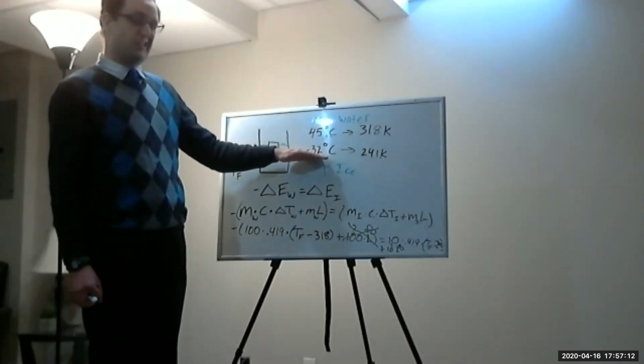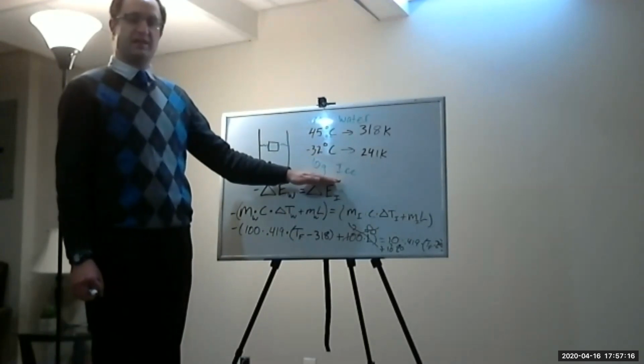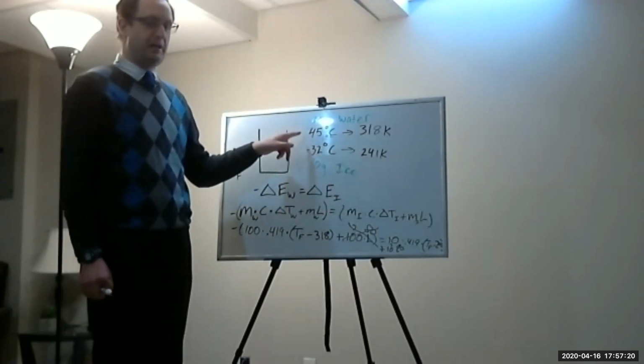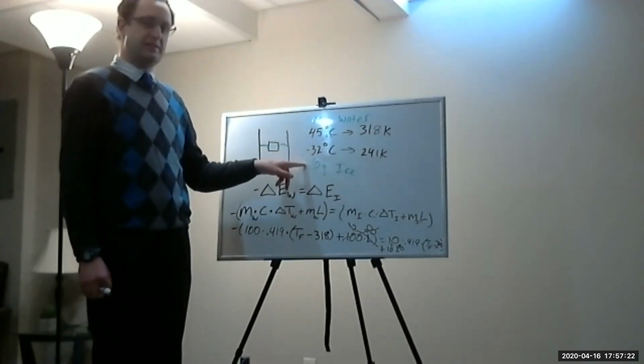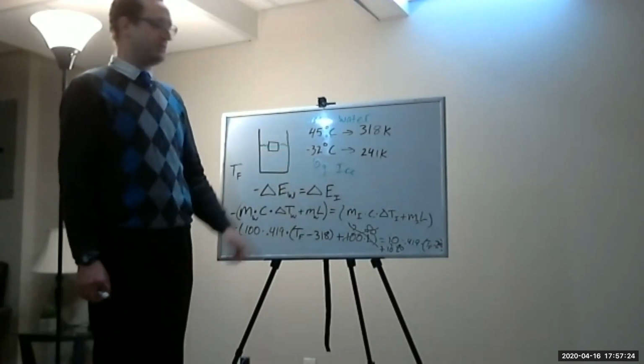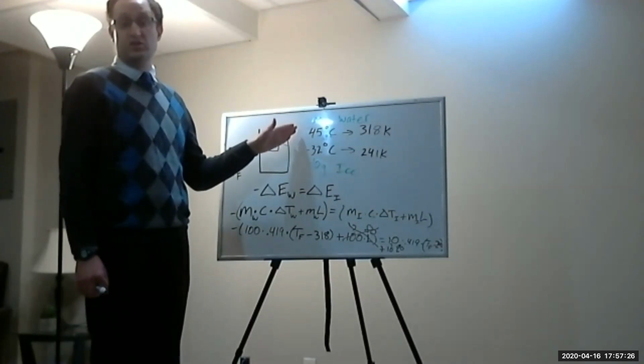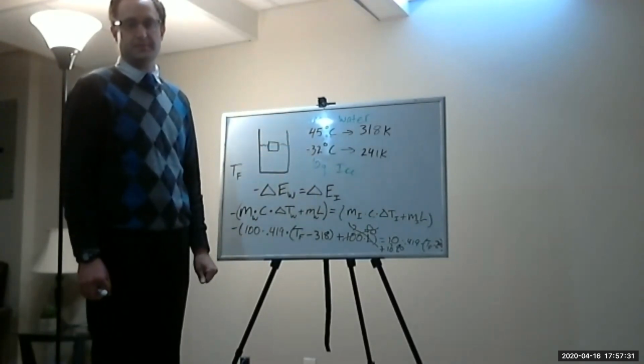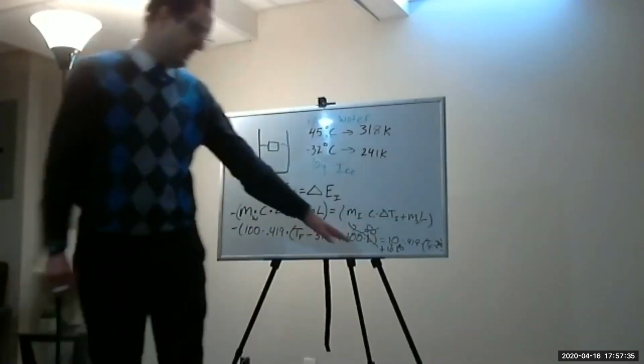We're at only 32 degrees below freezing here for 10 grams of ice. So that water can give a lot more energy away than the ice takes before it reaches freezing. Does that make sense? Yeah. Okay. So I'm just eliminating that term.